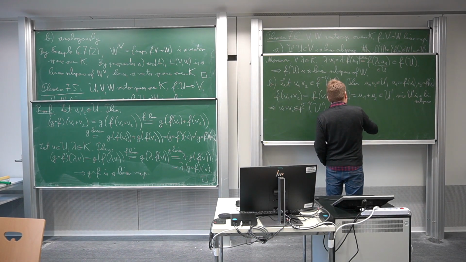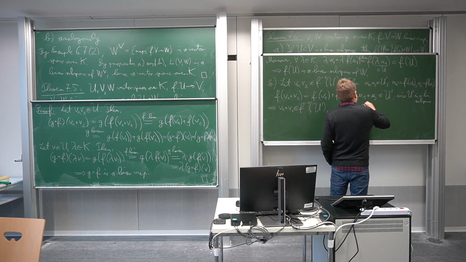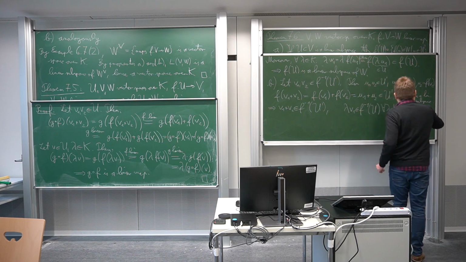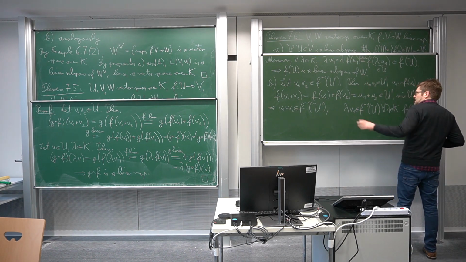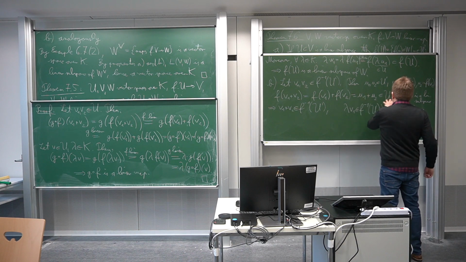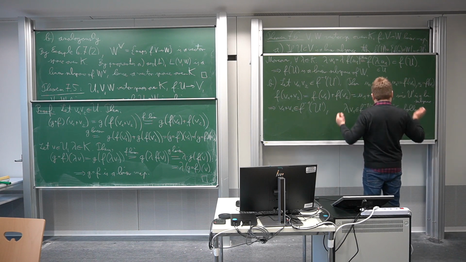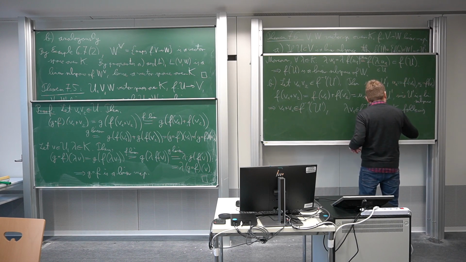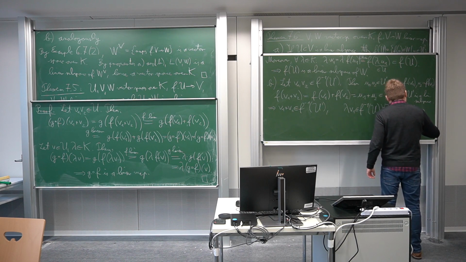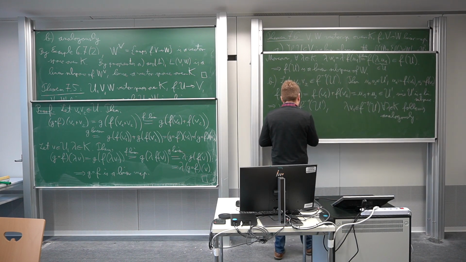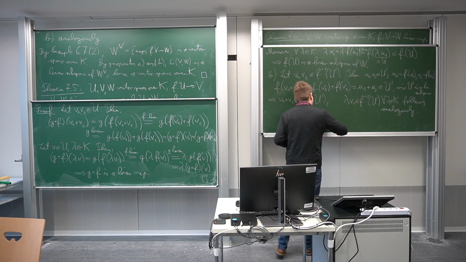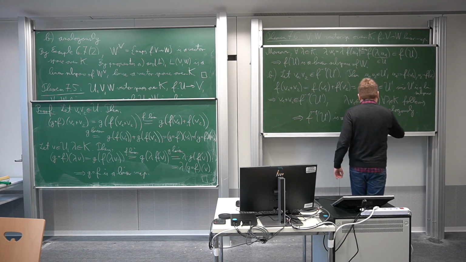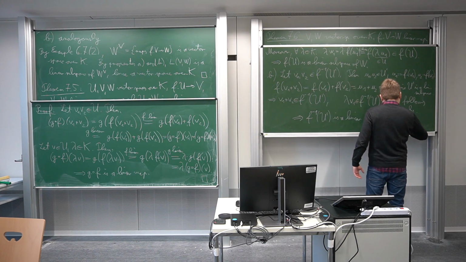And lambda v1 is in the pre-image of U prime for all lambda in K. This is shown analogously. I won't do this computation again. Here we get that lambda u1 is in U prime, so the linear subspace property, just the other property, saves the day at this point, so this follows analogously. So this shows that f to the minus 1 of U prime is a linear subspace of V.